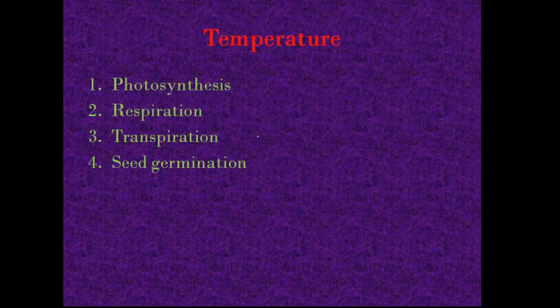Alright. Next is temperature. Temperature is an important factor in photosynthesis, respiration, transpiration and germination. In photosynthesis and respiration of plants, the temperature plays the role of a catalyst, which means as the temperature increases, the photosynthetic and respiration rate increases up to a point, and this point where the photosynthesis and respiration is maximum is known as the optimum temperature.